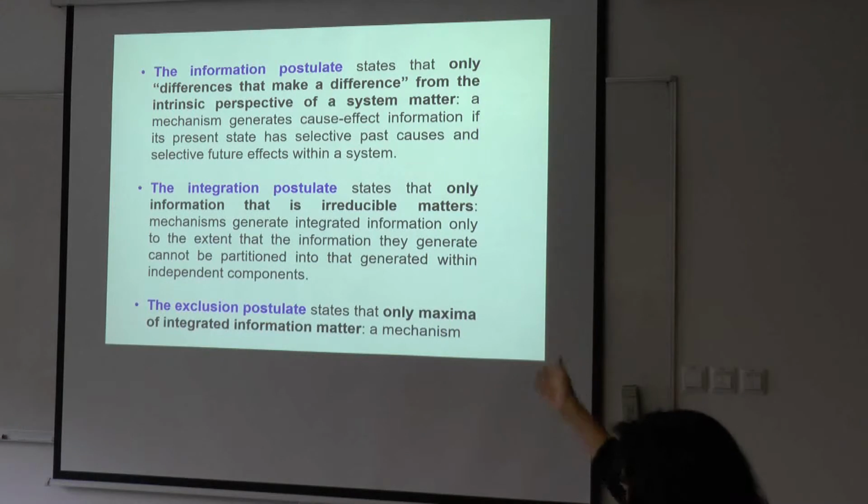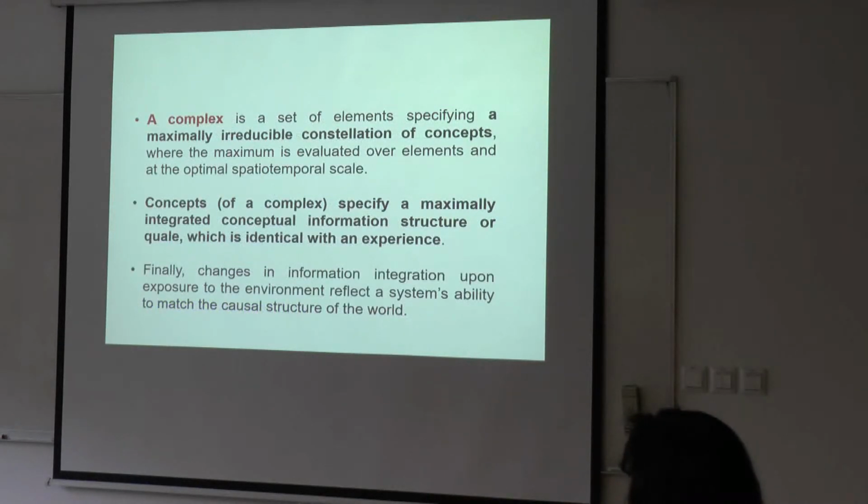So here I go into discussing more about this. In this same IIT perspective, a complex is a set of elements specifying a maximally irreducible constellation of concepts, where the maximum is evaluated over elements and at the optimal spatio-temporal scale.